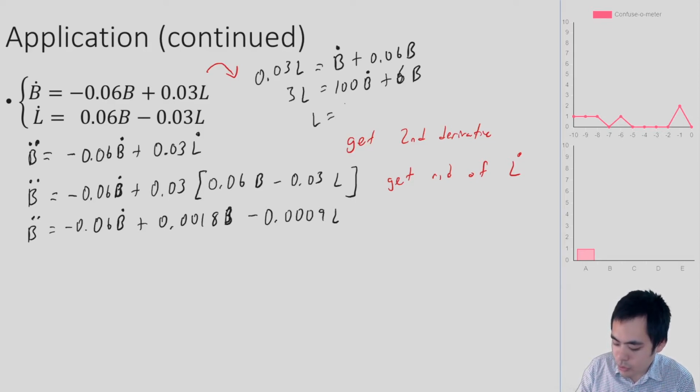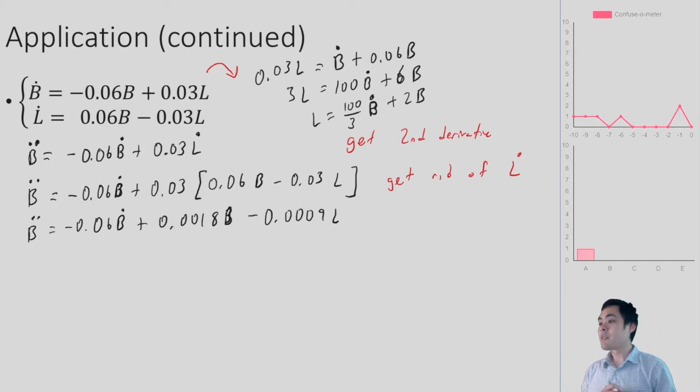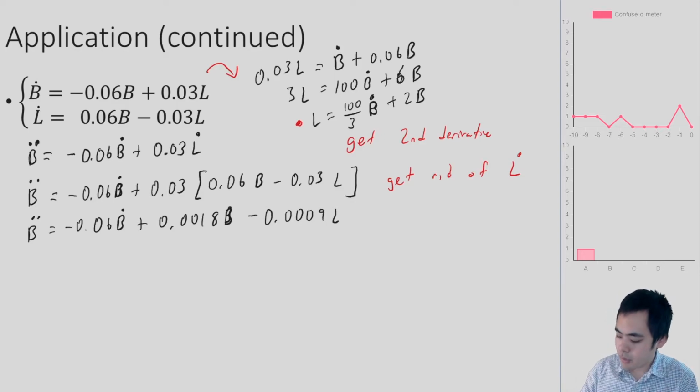And L is equal to 100 divided by 3 b dot plus 2b. Okay? So we're going to use that first equation, and instead of using it to get rid of b dot, we're going to use it to get rid of L. So we're going to use this fact here, and plug that in for L. So that's going to be this step here.